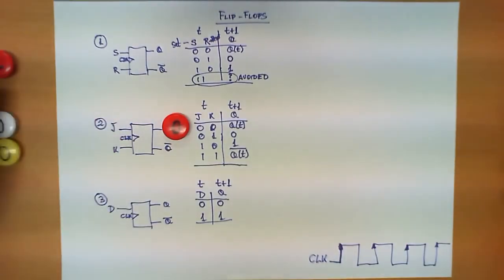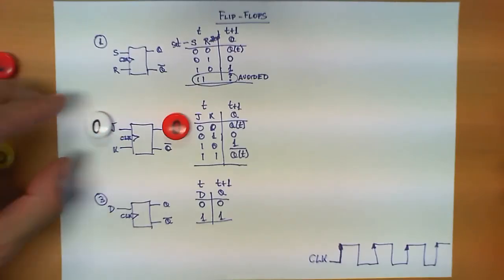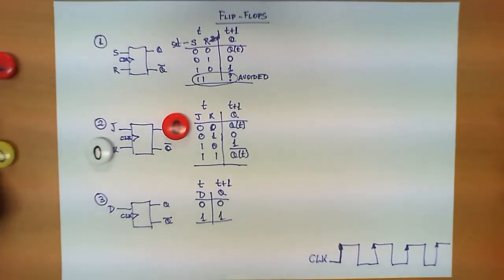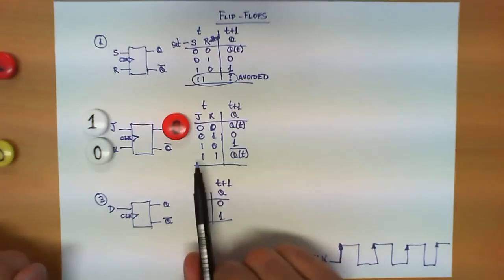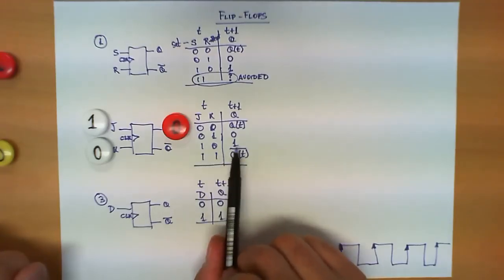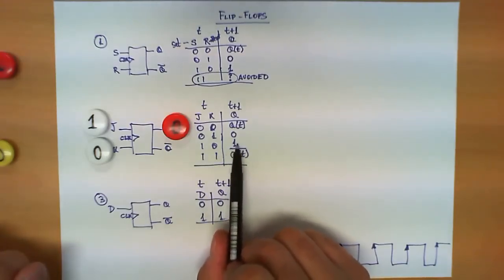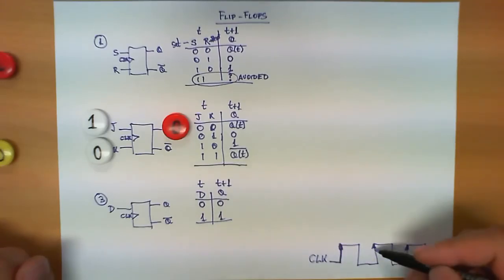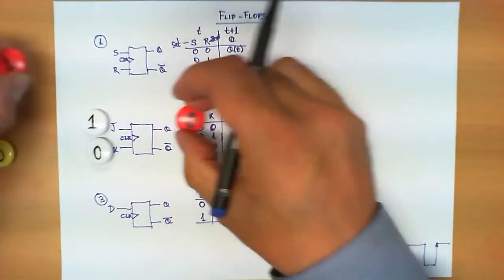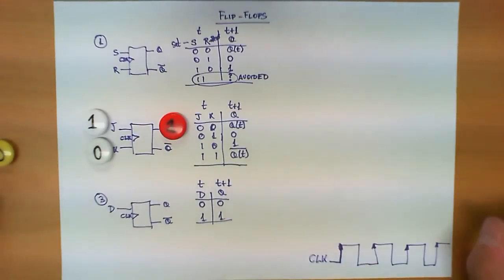However, if now we have a 0 in K and a 1 in J, this table is telling us that the flip-flop should get the value 1 at its output whenever I have one of these transitions. So by the time the clock makes this transition, this output becomes 1.